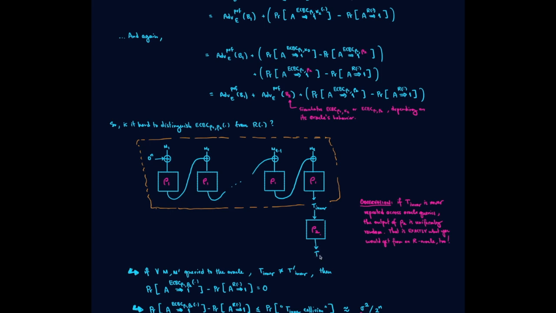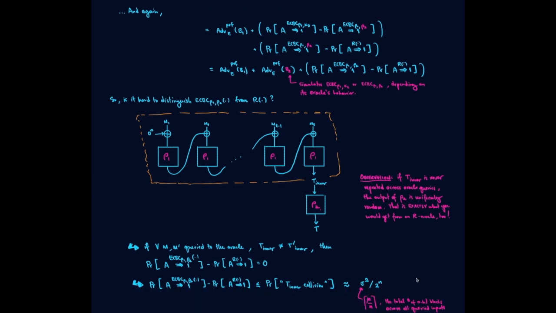So if for every M and M prime that A queries to its oracle, which is either this or this, these values are always distinct, then A's ability to distinguish between these two is identically 0, because the output distribution from this construction is identical to the output distribution from a big random function.